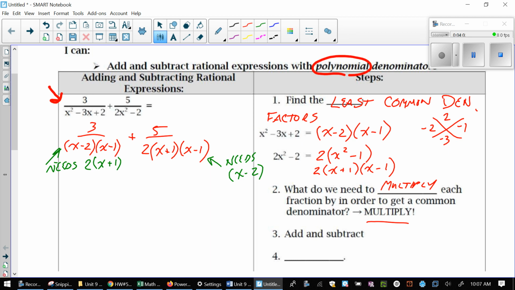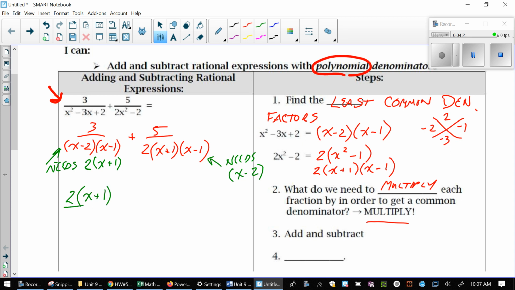And then we do the same process as yesterday. Whenever we determine what the LCD is, we know we need to have the same thing in both. That's what we're going to multiply by, the tops and the bottoms. So I'm going to take this 2 times x plus 1, and multiply that in my numerator for my first one.